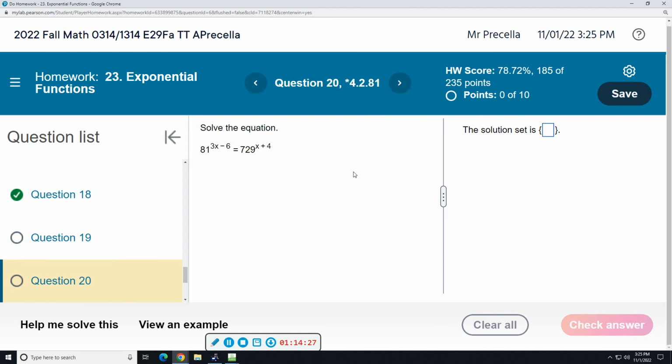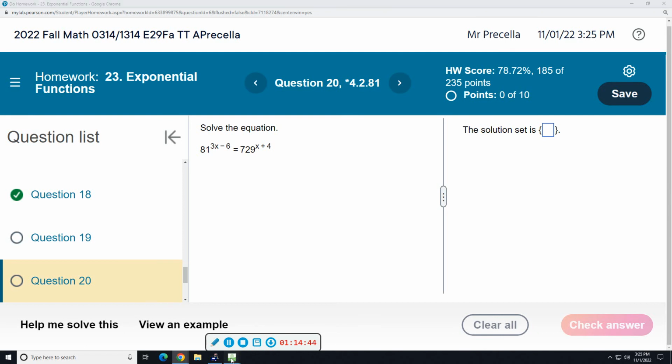Oh, this is a good problem. See, I've written it down. Let me make sure I didn't miscopy it. 81 to the 3x minus 6 equals 729 to the x plus 4.